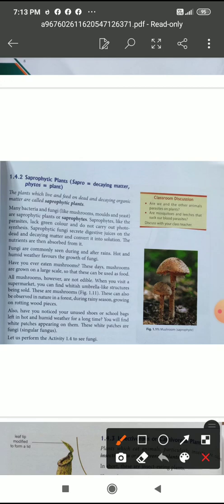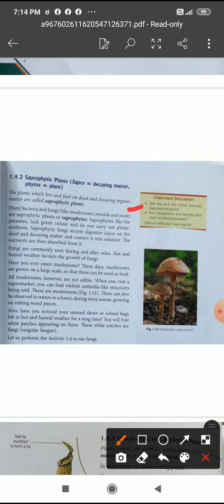Many bacteria and fungi like mushroom, molds and yeast are saprophytes. Saprophytes, like the parasites, lack green color and do not carry out photosynthesis because they have no chlorophyll pigment.